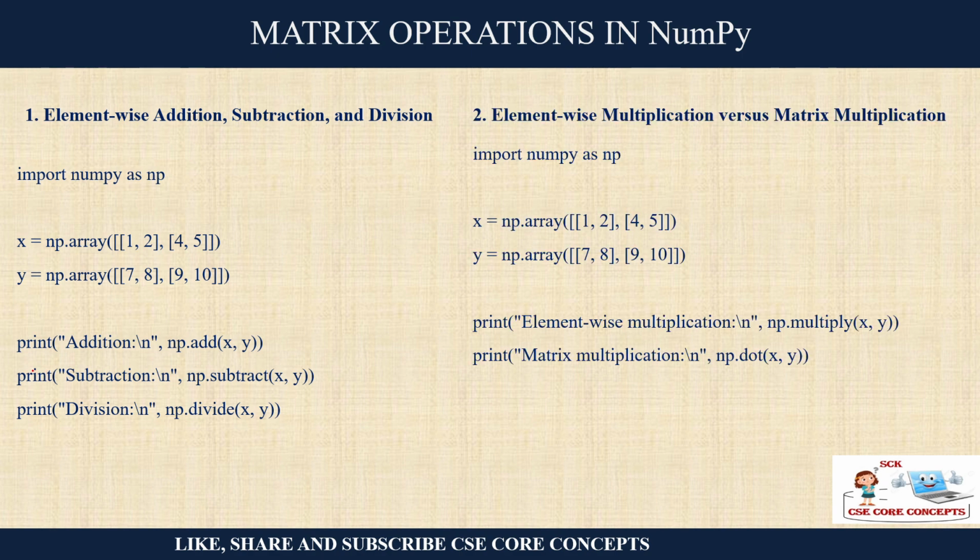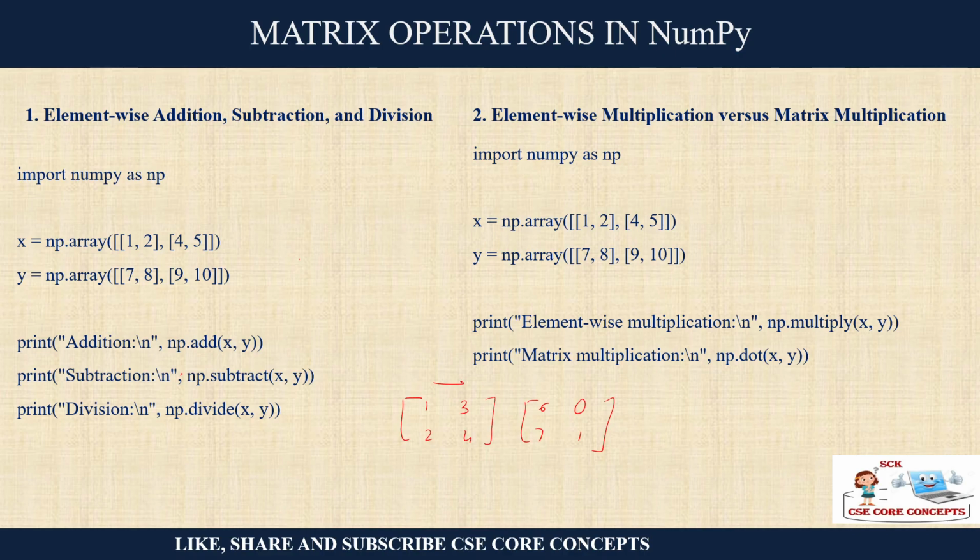Now for matrix multiplication, there are two ways. One is element-wise multiplication, that is a different thing, and the other is matrix multiplication. So how do we do matrix multiplication? Let's say I have a matrix like this, and this is 6 7 0 1, right?